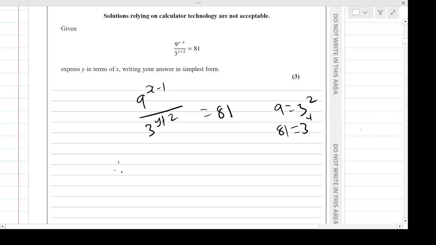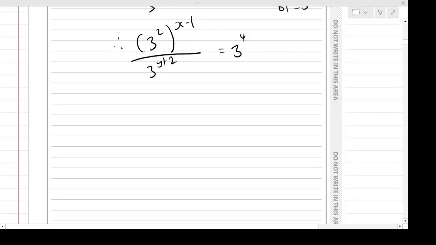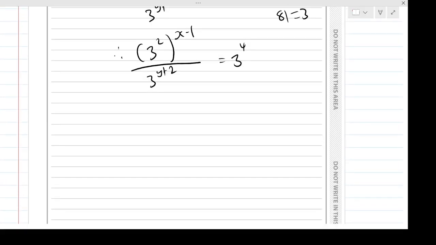So now I can say that 9 to the x minus 1, if I say 9 is 3 squared, then I can say 3 squared, all then raised to x minus 1, divided by 3 to the y plus 2, is equal to 81, which is 3 to the 4. Now it's a lot clearer how we can proceed. I can expand this bracket.